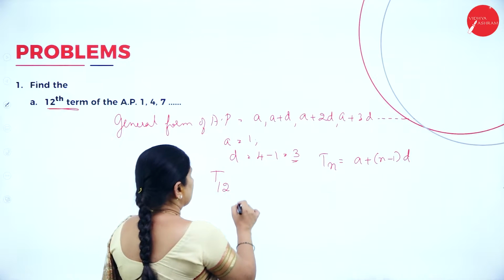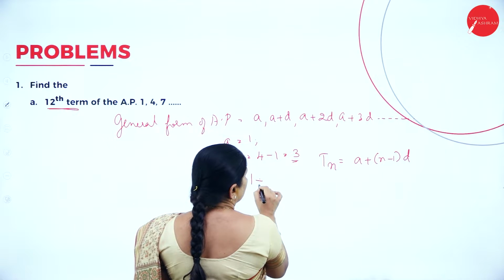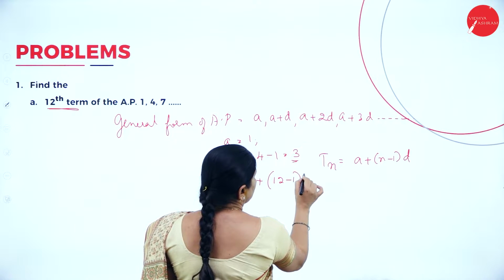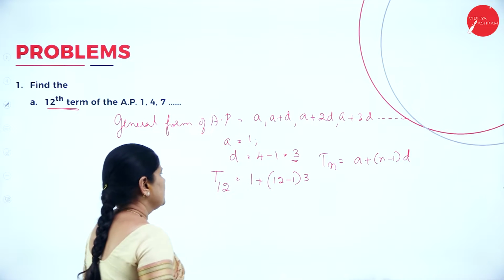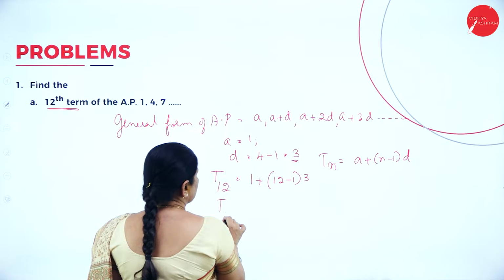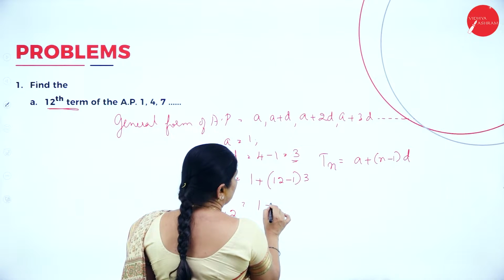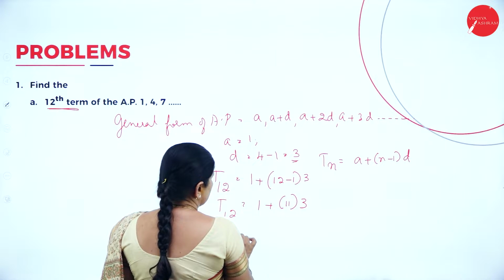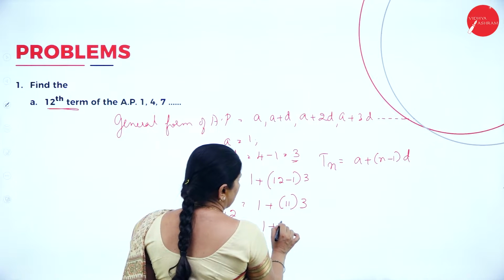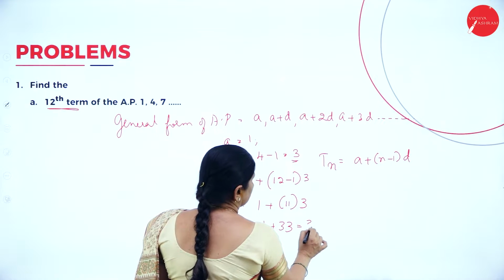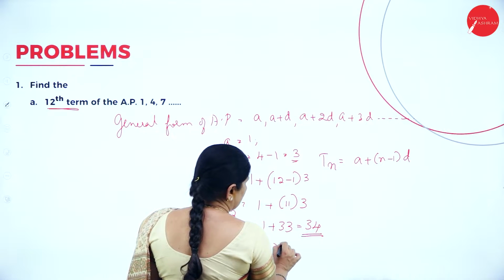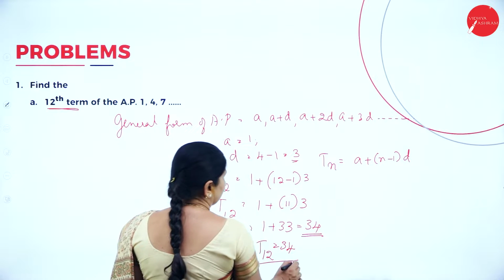So T12 equals 1 plus 12 minus 1 into 3. So the 12th term will be 1 plus 11 into 3. So T12 will be 1 plus 33, that is 34. T12 equals 34.